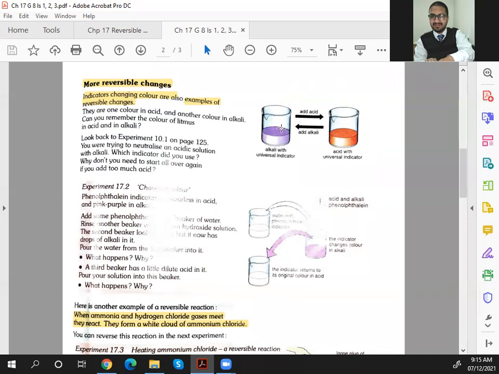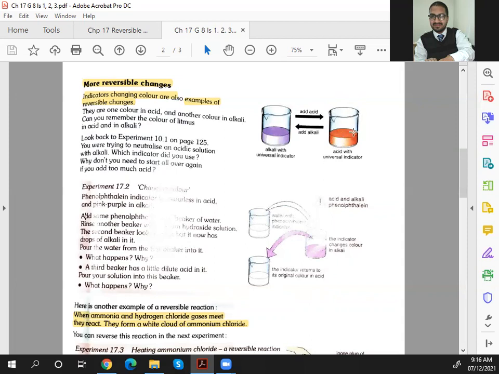Now in front of you here, try to understand from the picture that this alkali with universal indicator may be a light purple or pinkish color. When you add acid in this beaker, its color will change to red or brownish color. Its clear image will be in your book.